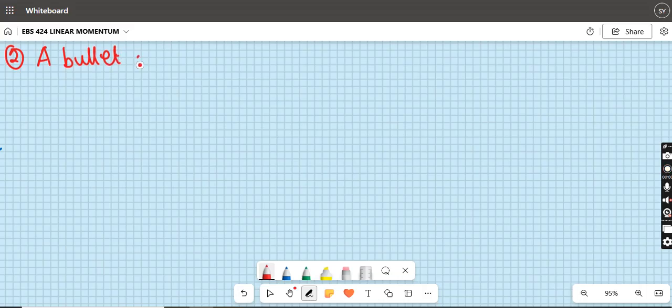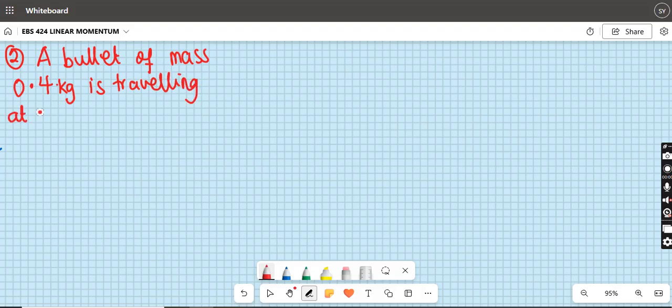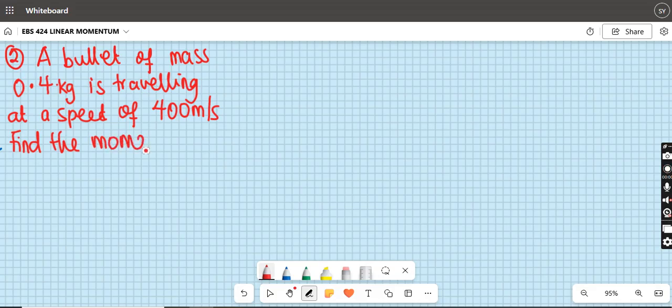A bullet of mass 0.4 kilograms is traveling at a speed of 400 meters per second. Find the momentum. Find the momentum. This is very simple.